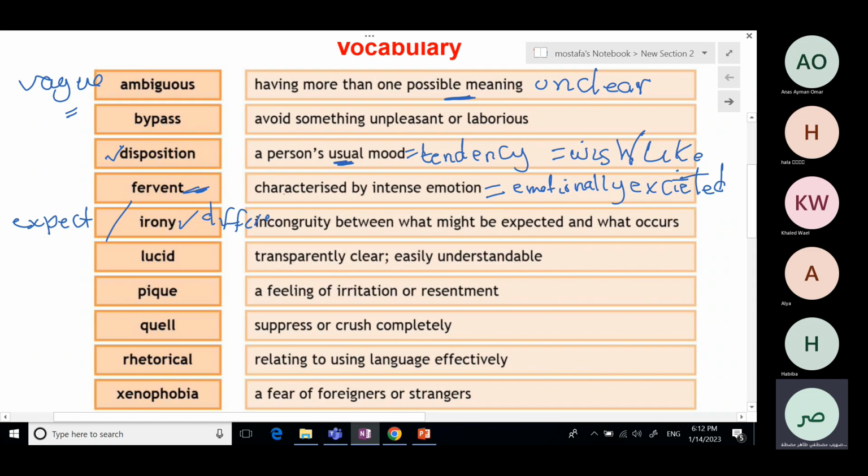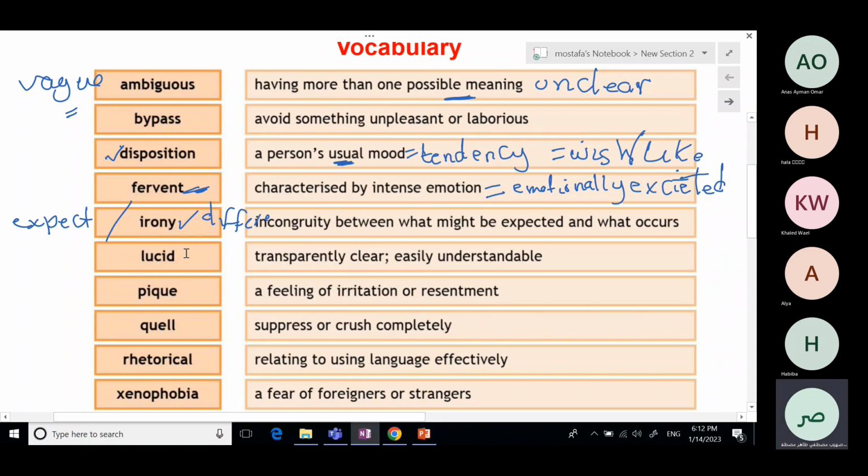Or you say something, but you mean something different, like when you say somebody is generous, but you mean the opposite. Or you expect your parent will give you a present, but he gives you just 10 reals or 10 pounds. So irony means you expect something, but something different happened.